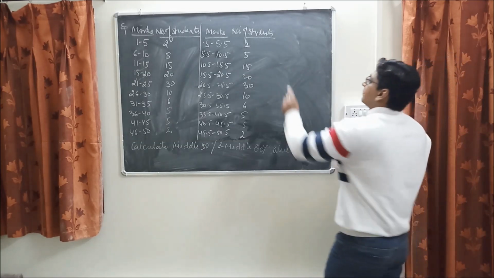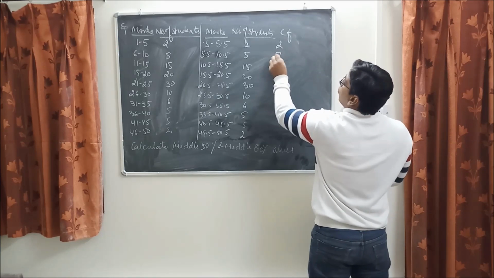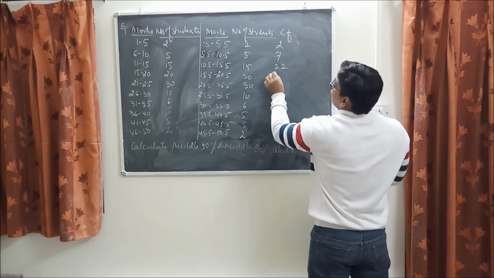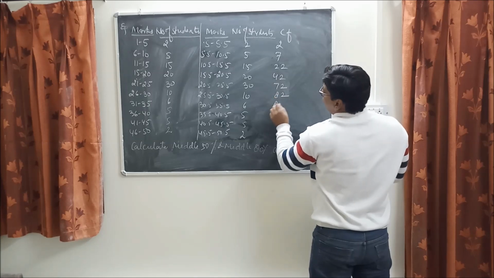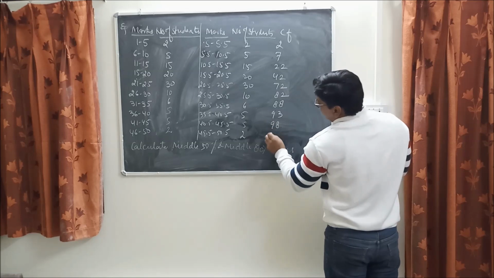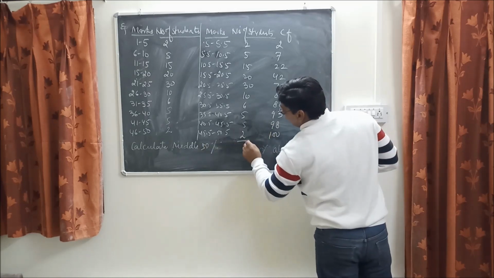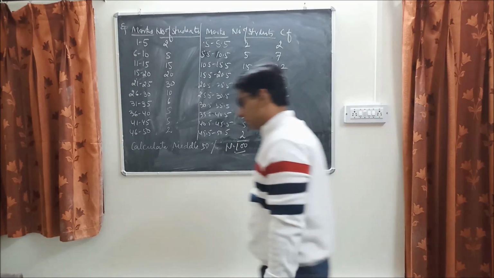Now, first of all, we calculate CF: 2, 7, 22, 42, 72, 82, 88, 93, 98 and 100. Total of frequency is also 100.